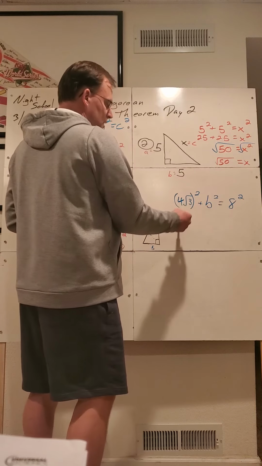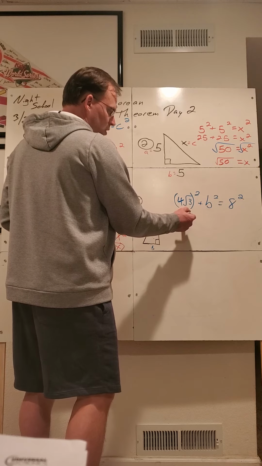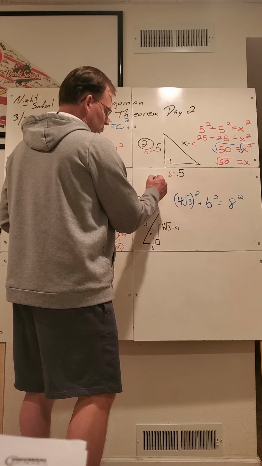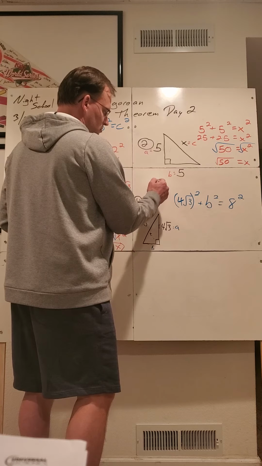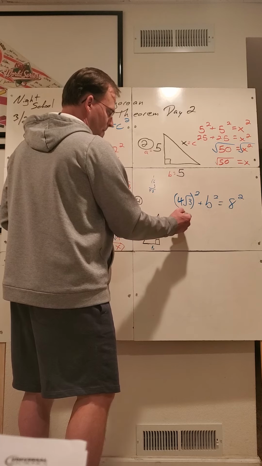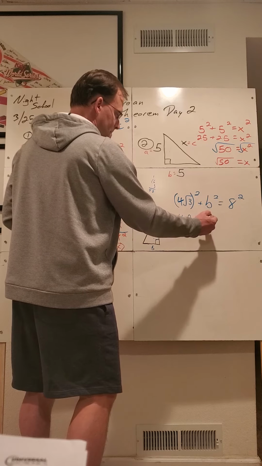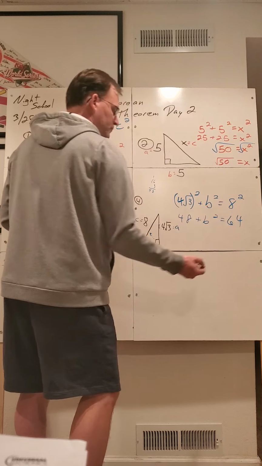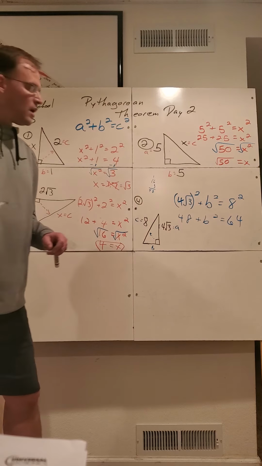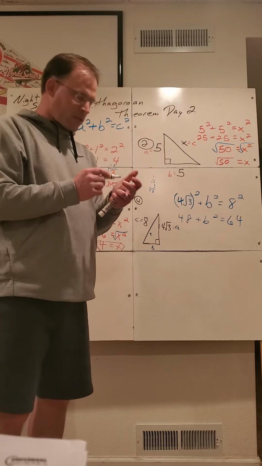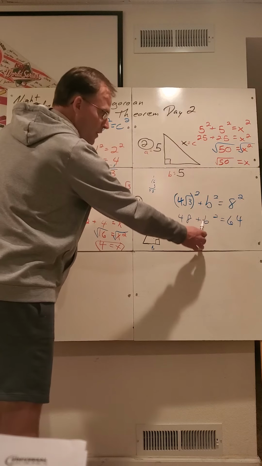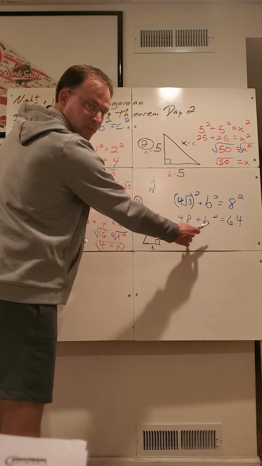All right. When I punch this into the calculator, it should come out to be 16 times 3. I don't want to mess this up. 48. 48 plus b squared equals 64. So now again, the variables here, I got to get this variable by itself.